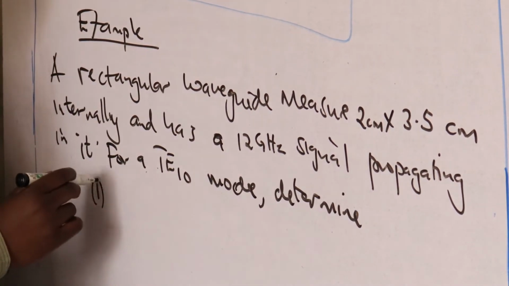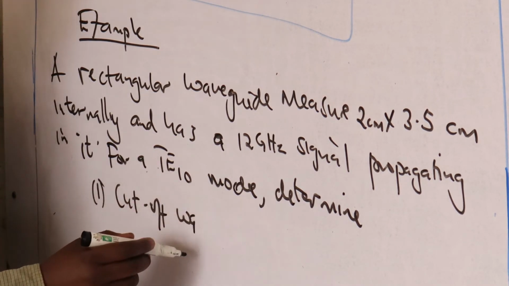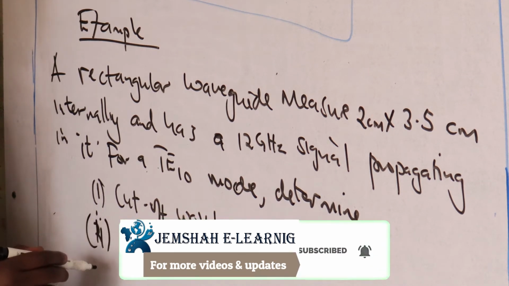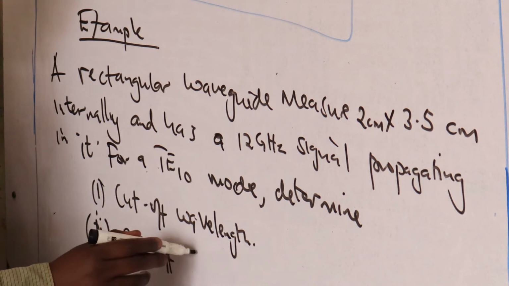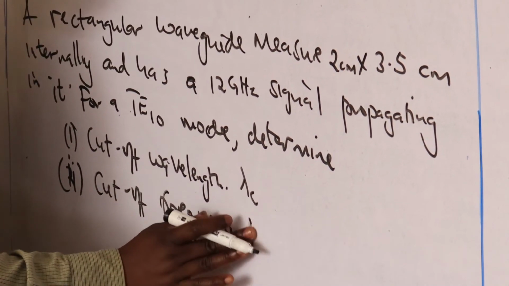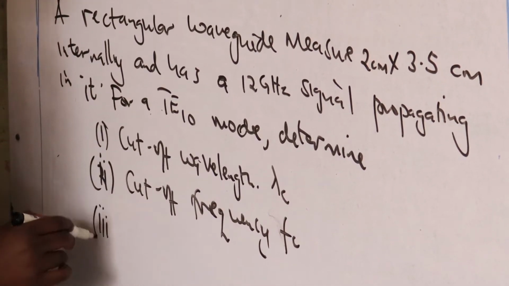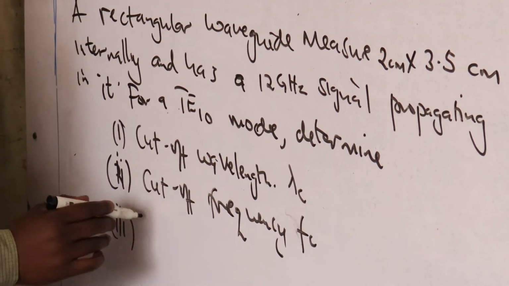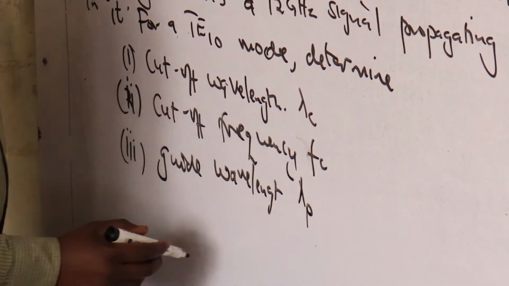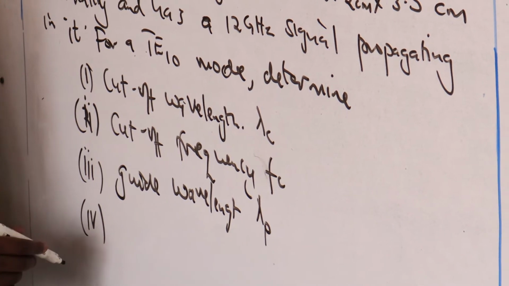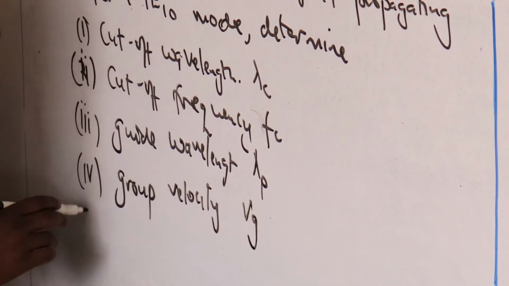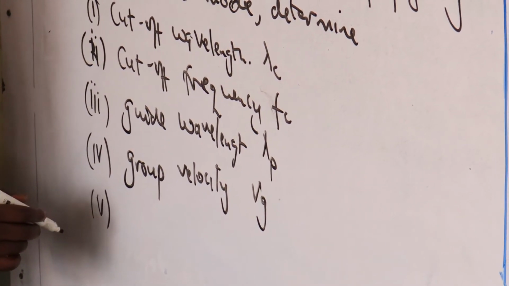determine: Roman 1, the cut-off wavelength; Roman 2, the cut-off frequency; Roman 3, the guide wavelength; Roman 4, the group velocity; Roman 5, the characteristic impedance.